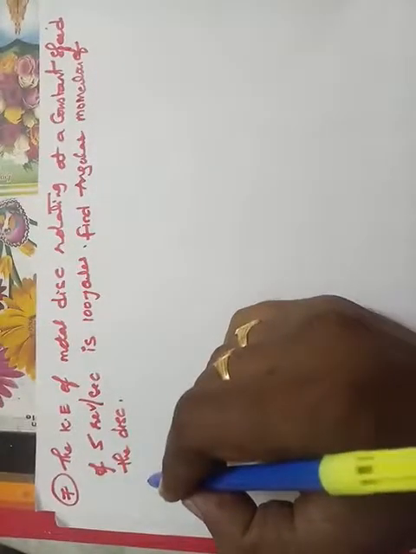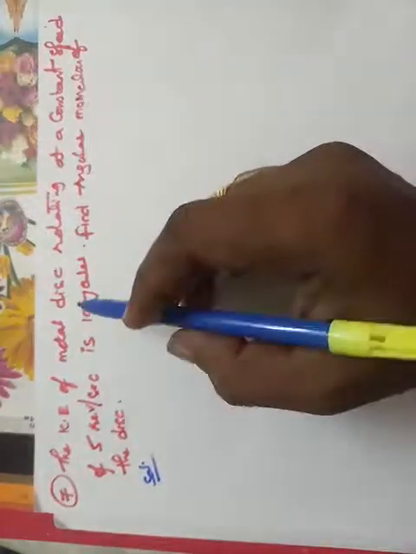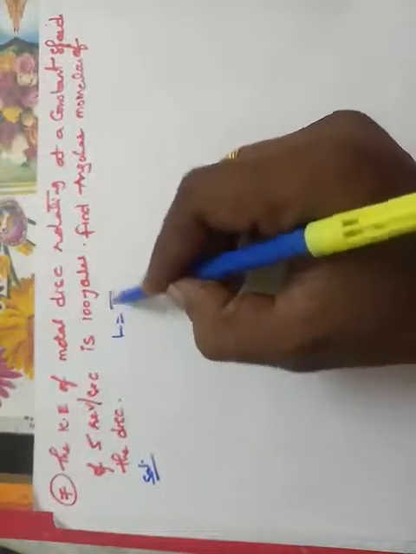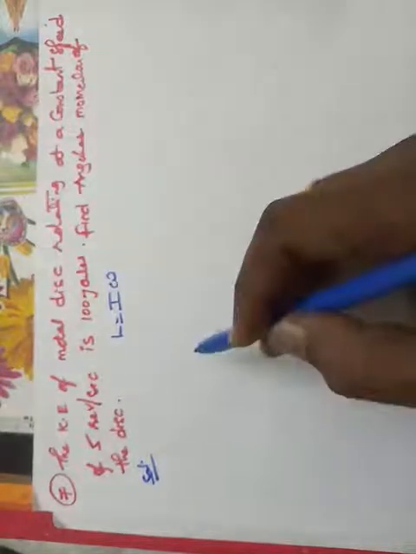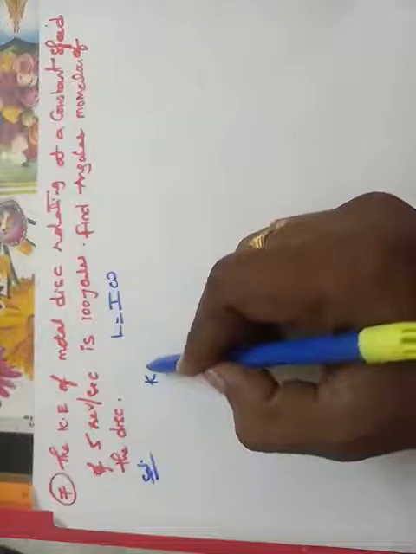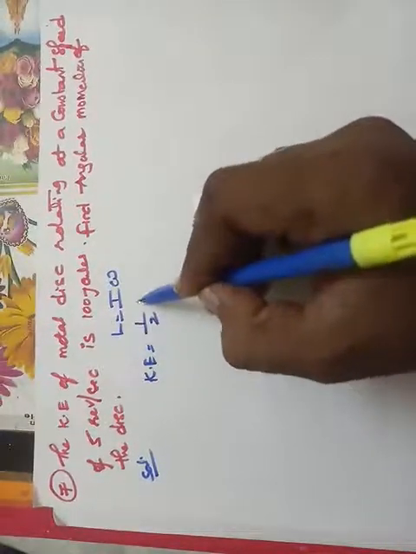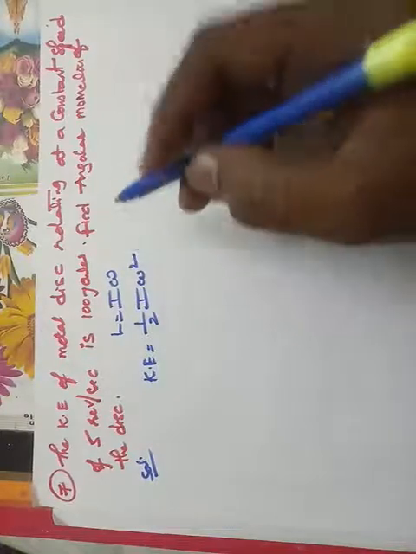Okay, let's see here, angular momentum. How can we write? Angular momentum L is equal to I omega, right? Now the kinetic energy of a rotating disk is half I omega square, right?